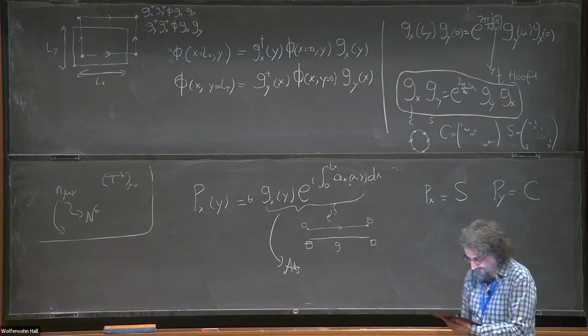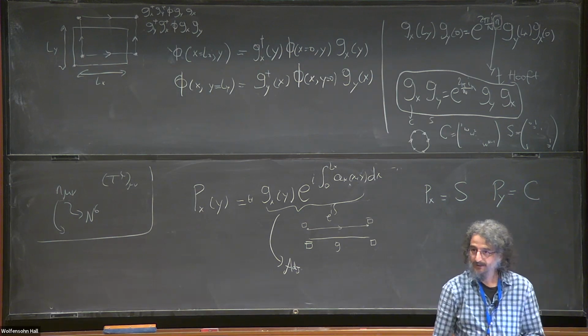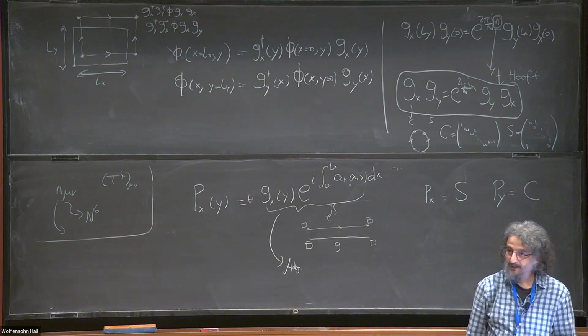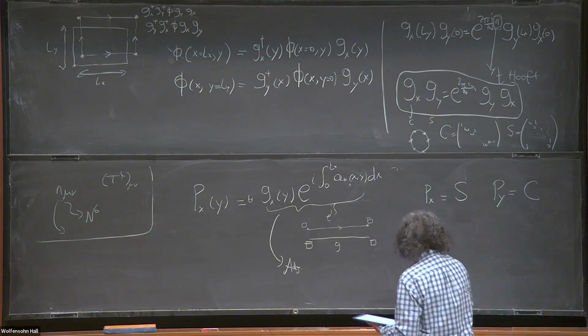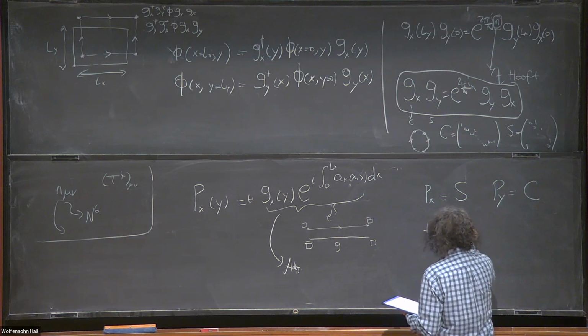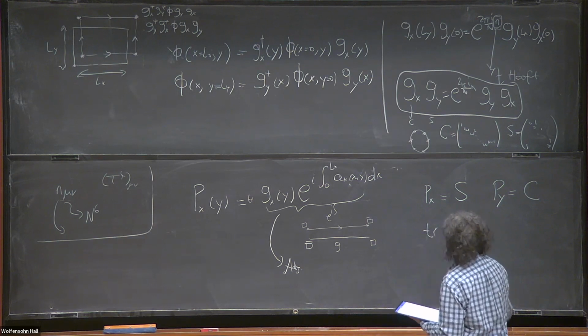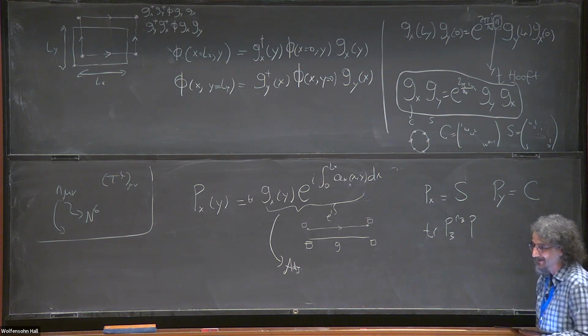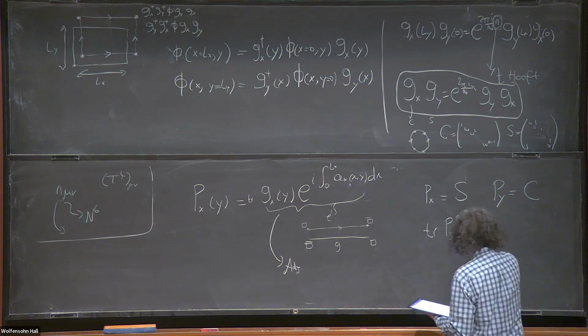These are not simultaneously diagonalizable, but it also tells you that for any combination, the trace of P_3 to the power n_3 times P_4 to the power n_4, with 3, 4 being x, y, is the same thing. It doesn't matter.